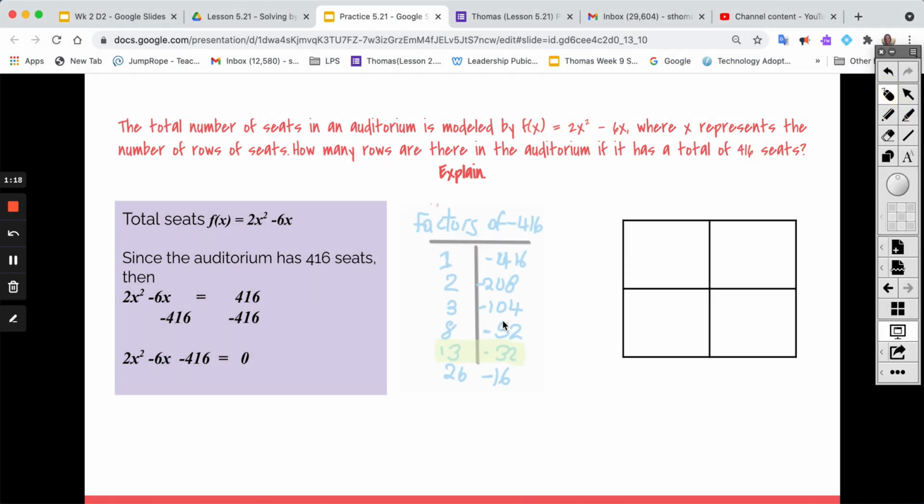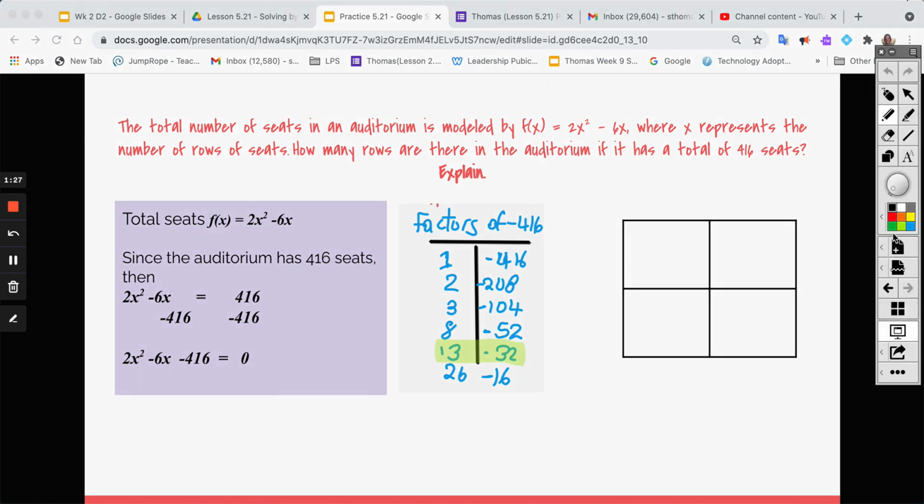Then we are going to use the box method to set this up. So as usual, based on what we have been practicing, we know that our ax squared term, 2x squared, will go inside. We'll have 2x and an x right here, and we know our negative 416 will go here.